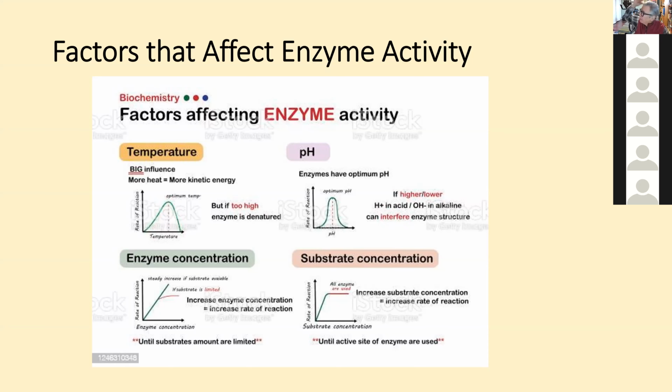The hotter you make it, the faster you make products for regular chemical reactions, but not for enzymatically catalyzed reactions. It goes down after you go past the optimal temperature. But why? It's for a different reason.